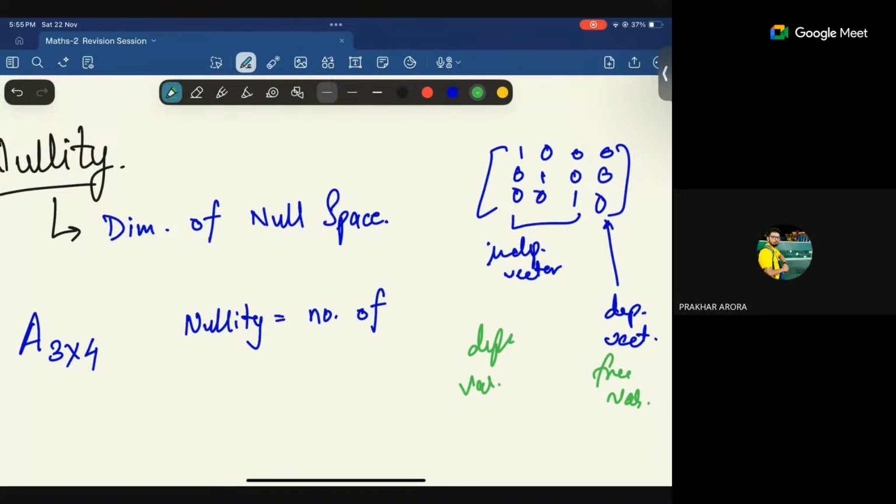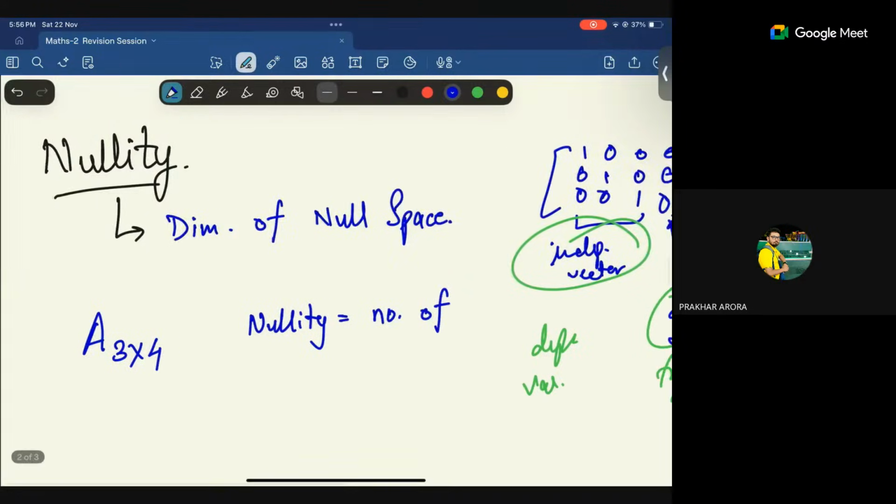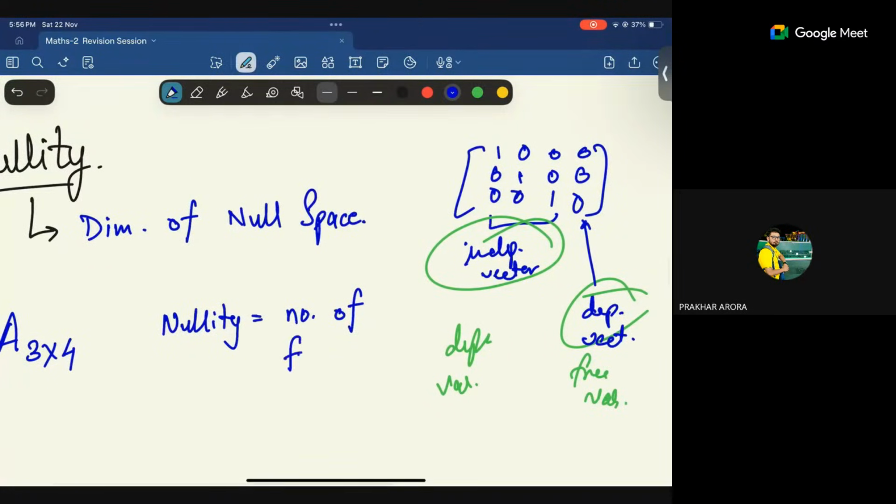Therefore this is the independent column and this is the dependent column. And free is equal to independent.